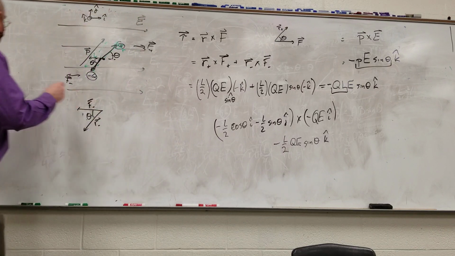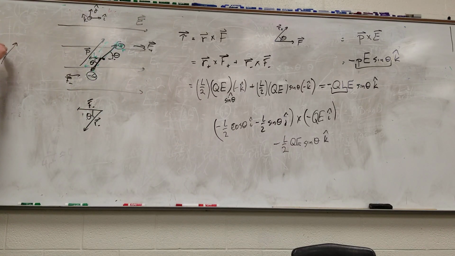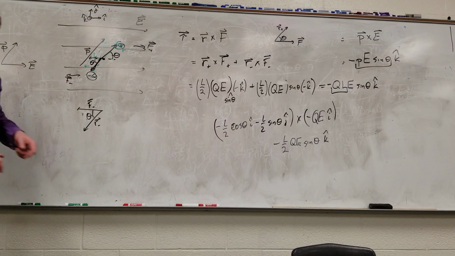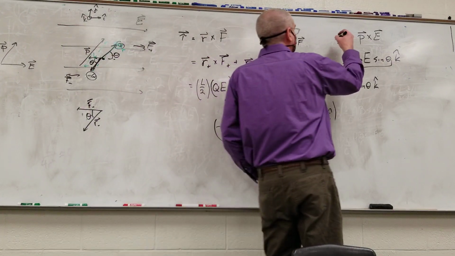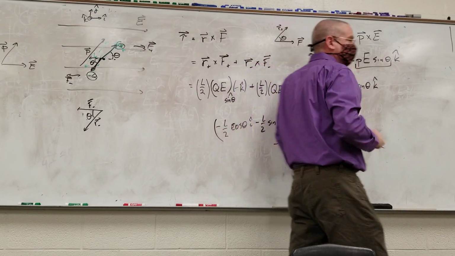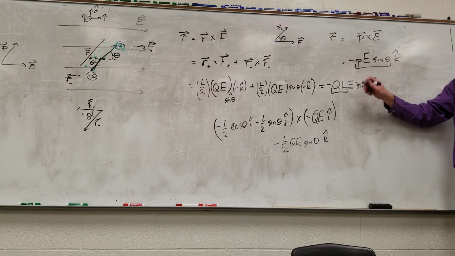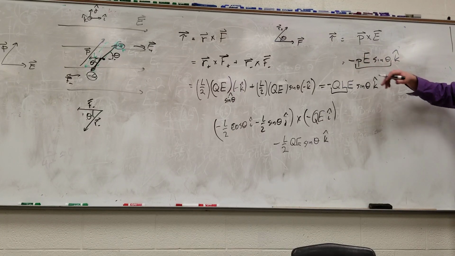Well, let's think about that. If I have P going in this direction, and I have E going in that direction, what is the direction of P cross E? Into the blue. Indeed. So I don't need to add an extra minus sign here because that negative K direction automatically comes out of that.